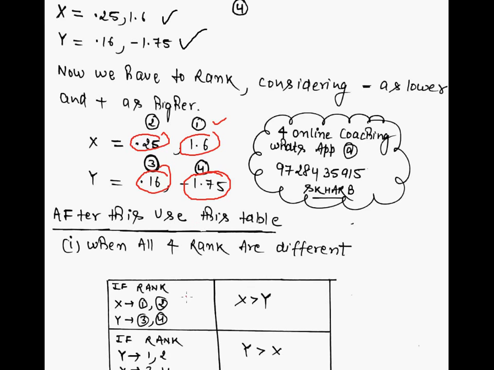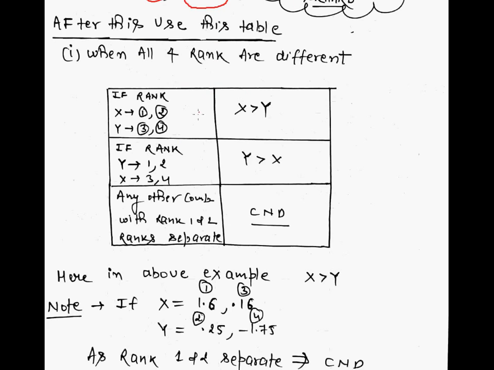After ranking, see, there can arise 3 cases. If x rank is 1 and 2 and y rank is 3 and 4, x is clearly greater than y. If y rank is 1 and 2 and x rank is 3 and 4, y is greater than x.